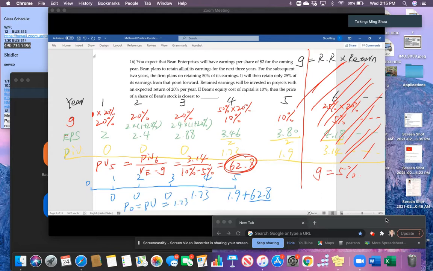Discounted. The discount rate equals 10%, so 1.10 to the power of 4, plus 1.9, plus 62.8, divided by 1.10 to the power of 5.